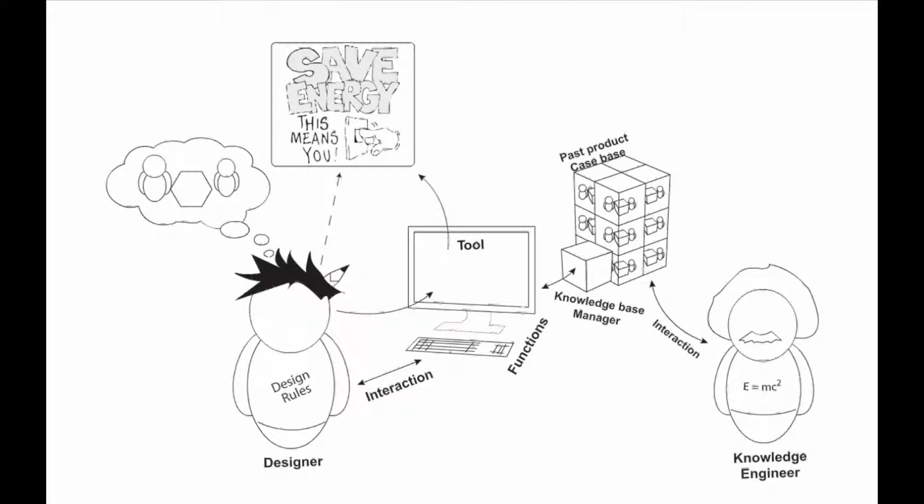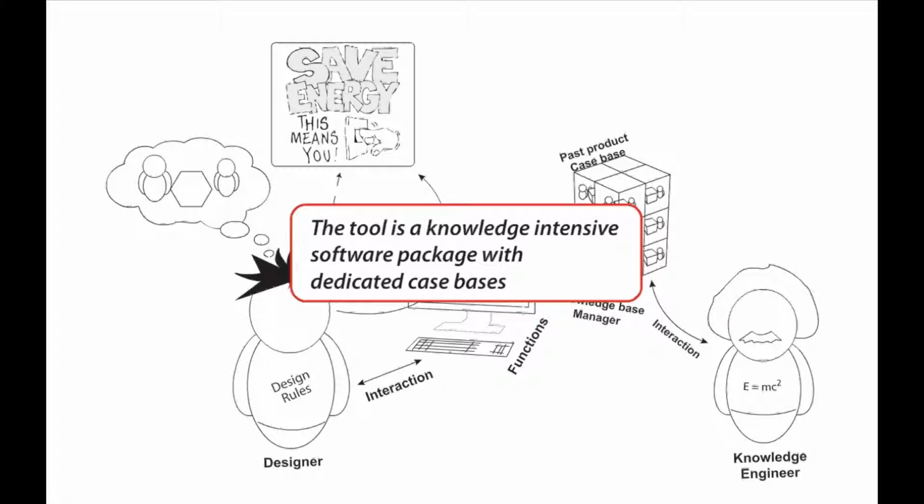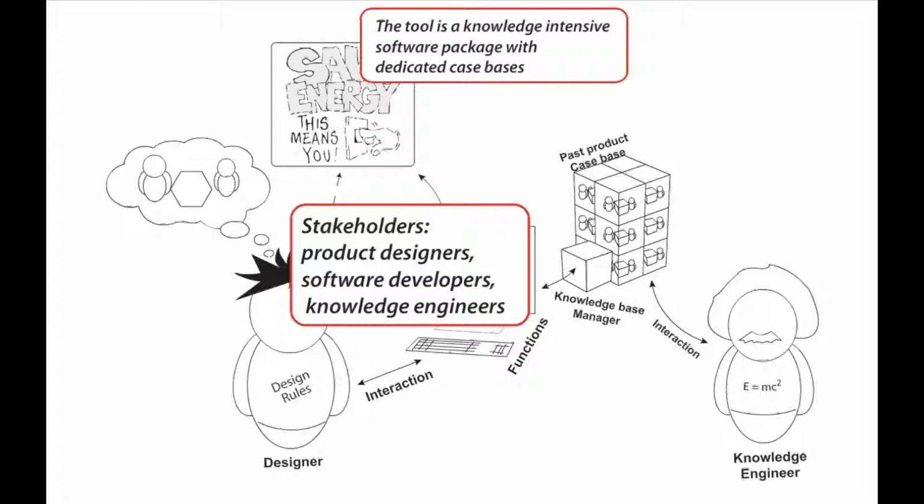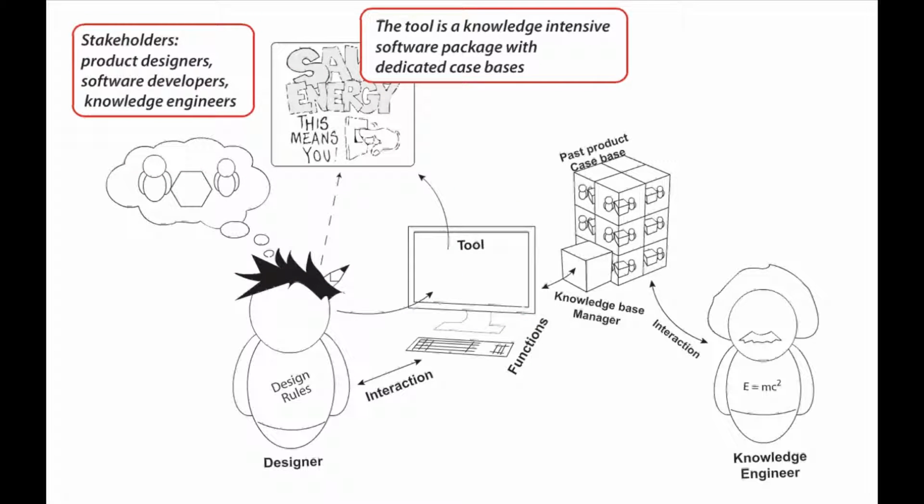Based on what we presented in this abstract prototyping movie, we conclude as follows. The tool is a knowledge-intensive software package with dedicated case bases. There are 3 main stakeholders who are involved in the use of the tool: product designers, software programmers, and knowledge engineers.